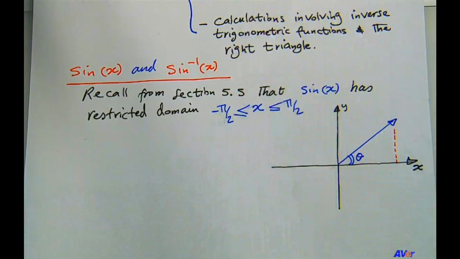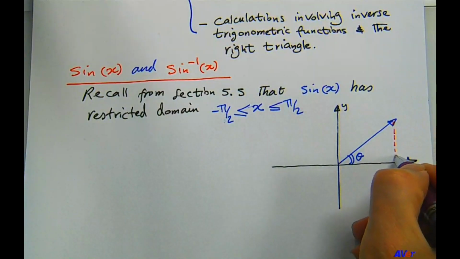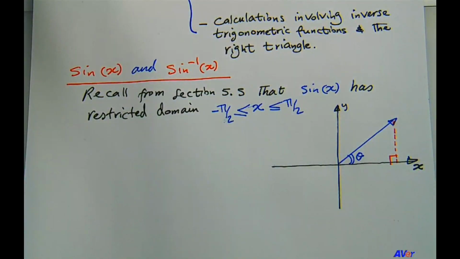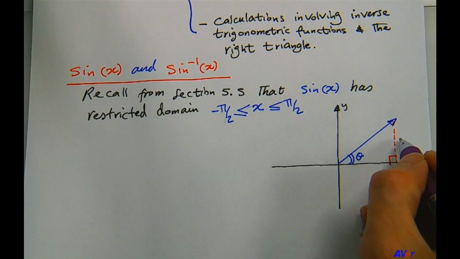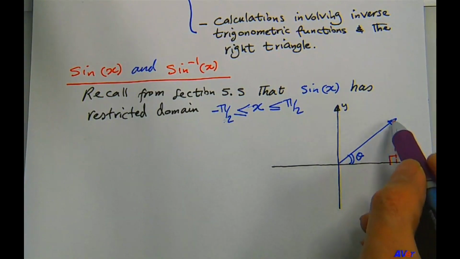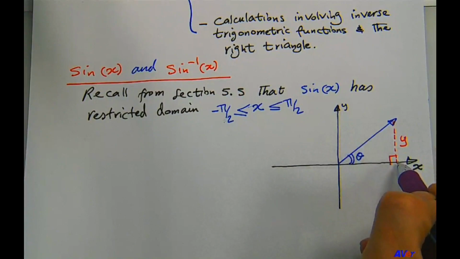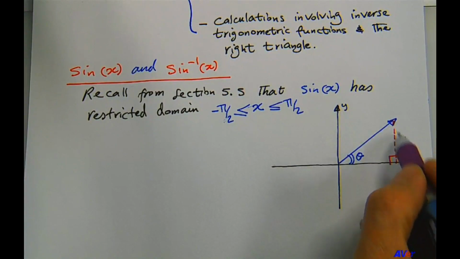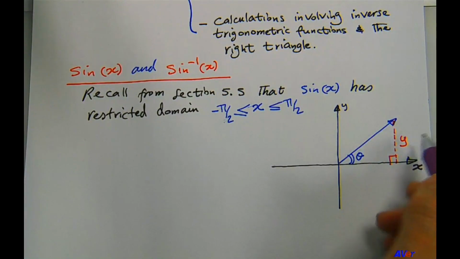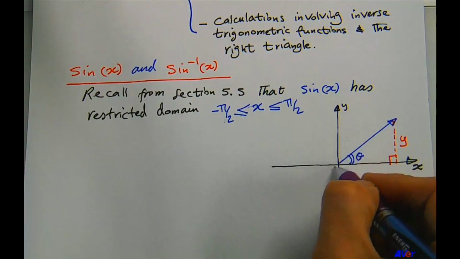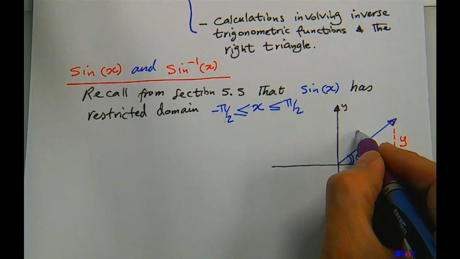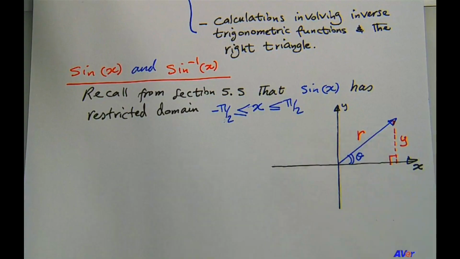So let's think of that as a right triangle with a 90-degree angle there. And let's label this side as y. That's along the y-axis. So from here to here, let's call that some measure y. Let's call this hypotenuse the letter lowercase r.